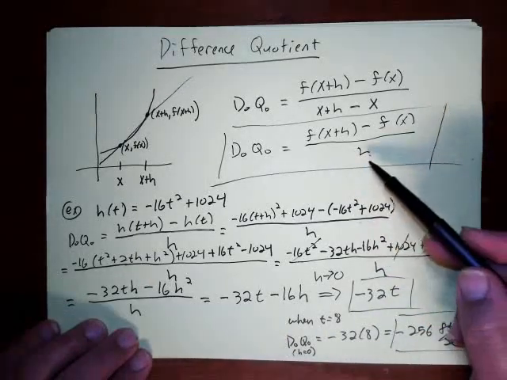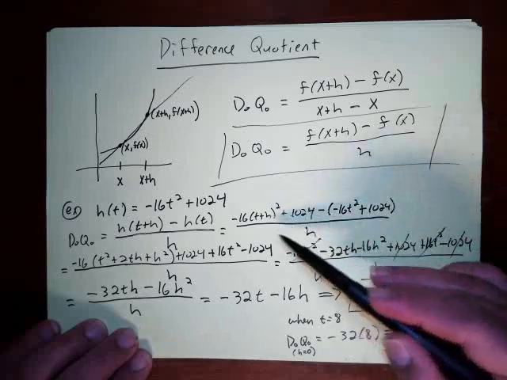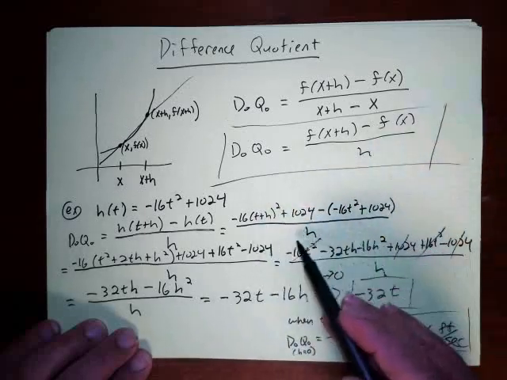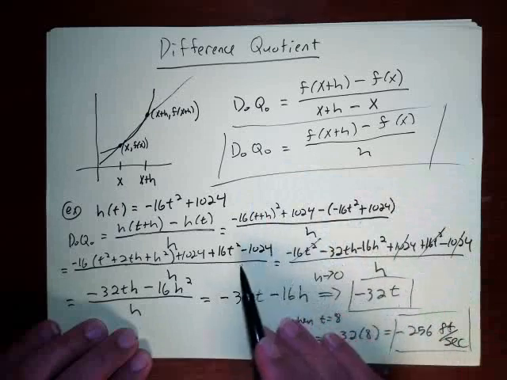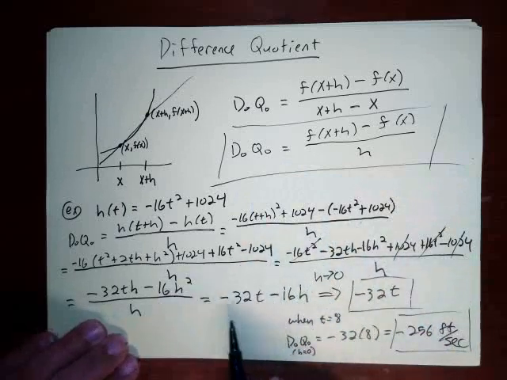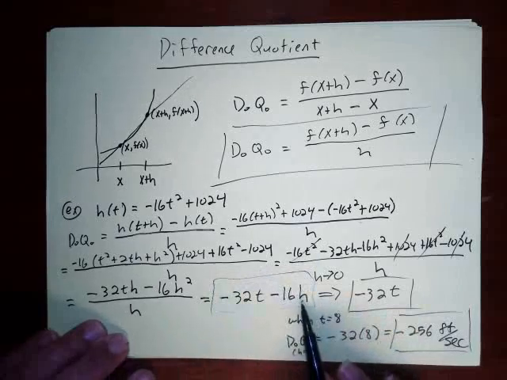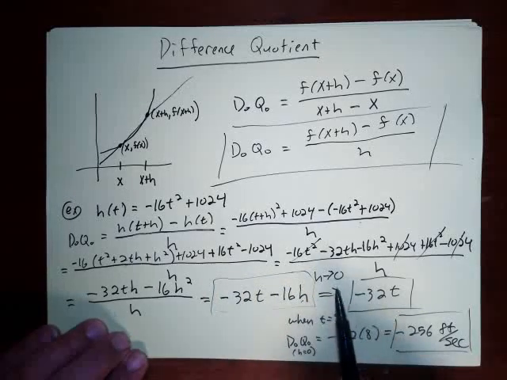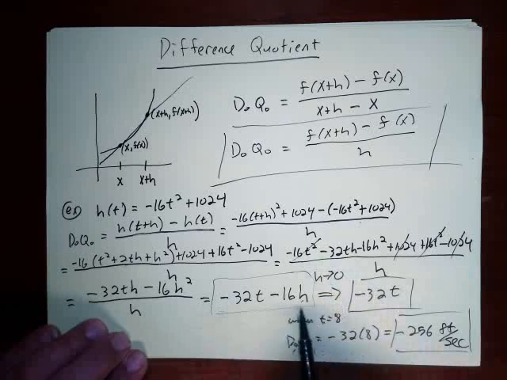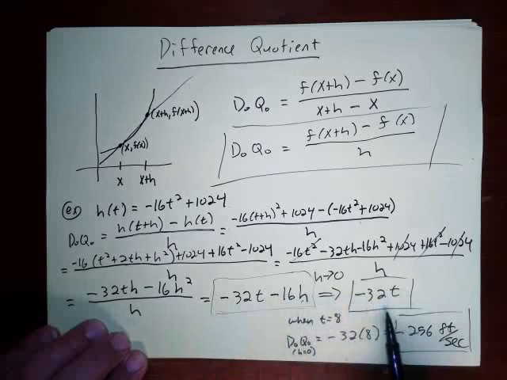Even though we can't put a 0 in this denominator, this thing would be 0. You get 0 over 0. By simplifying the algebra, we're left with an expression where you can place 0 in there. And so if we let h go to 0, there's no longer a problem. This expression goes to negative 32t.